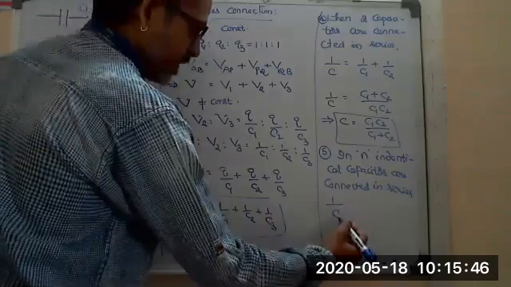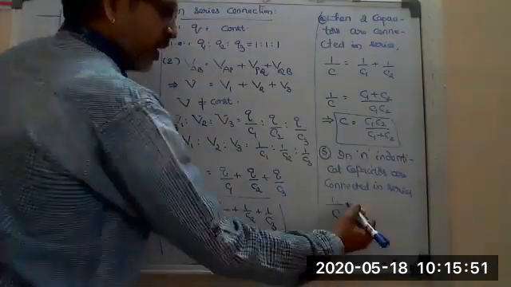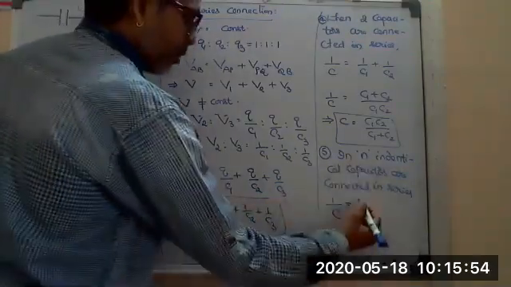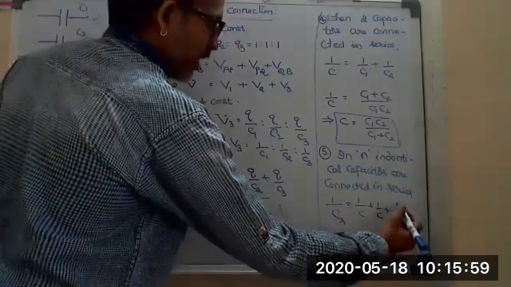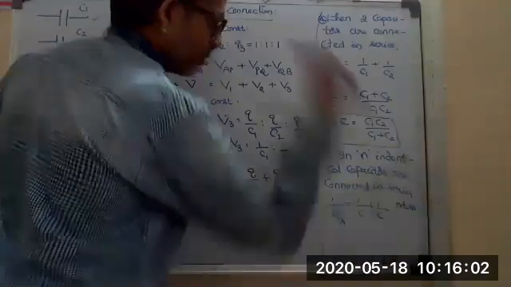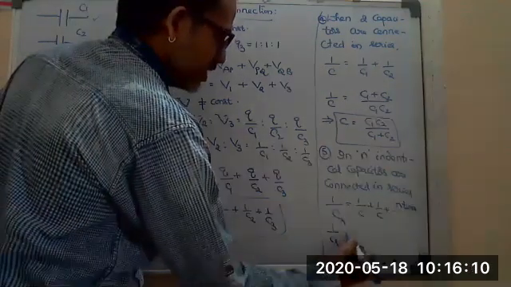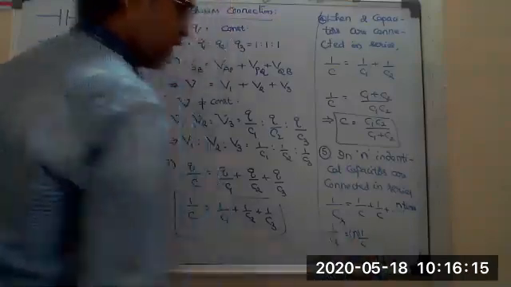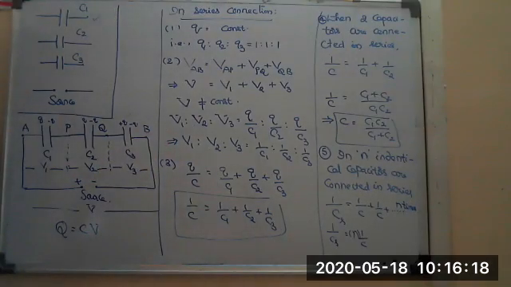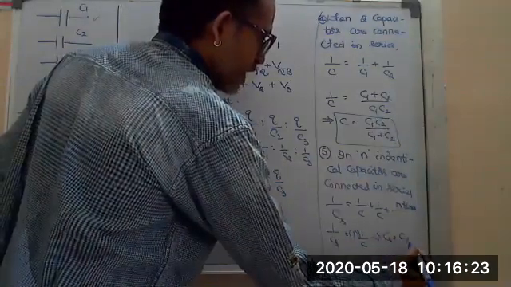So 1 by Cs equals 1 by C plus 1 by C plus 1 by C, n terms taken there. So n times we have to write. N times 1 by C, so 1 by Cs equals n times 1 by C. That implies, by reciprocating that term, Cs equals C by n.